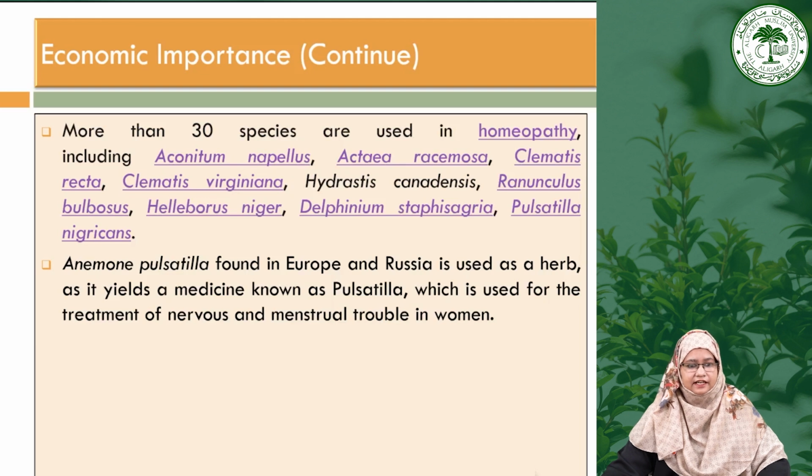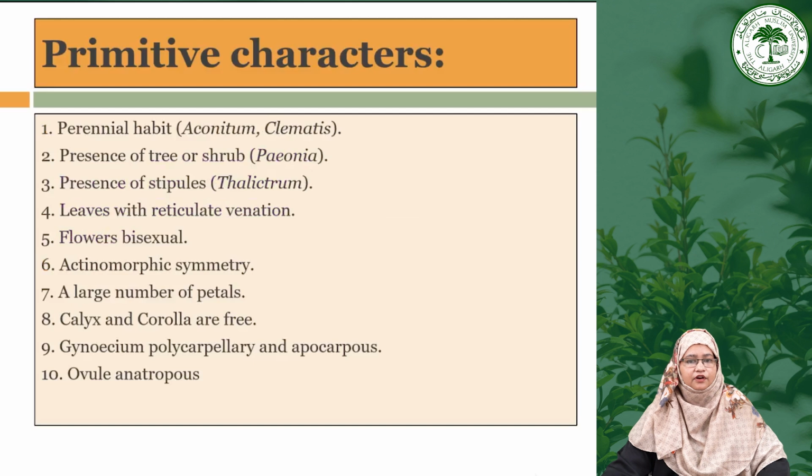All this economic importance highlights the ongoing relevance of the plants of the Ranunculaceae family in many ways. Now, we have discussed the systematic position of the family, their distribution and their characteristic features as well as some notable examples with their economic importance.